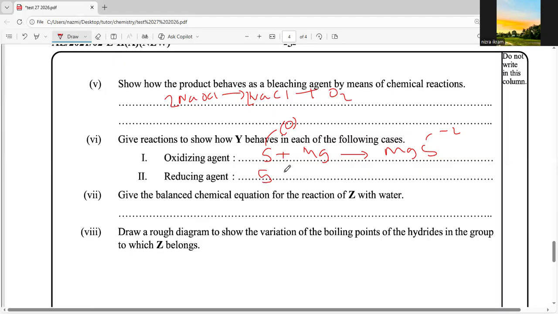Sulfur with... anyone wrote sulfur acting as a reducing agent?